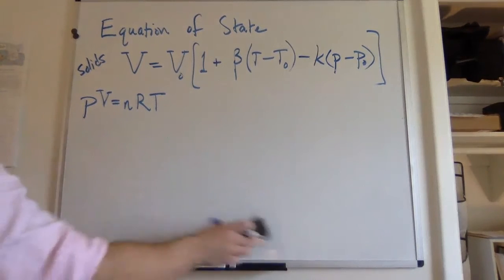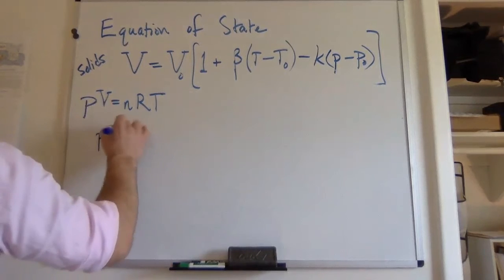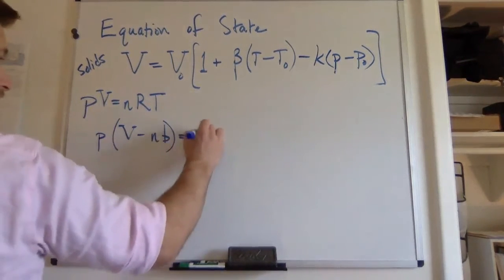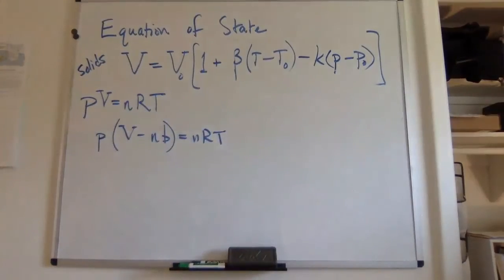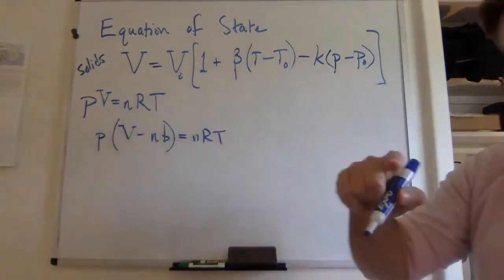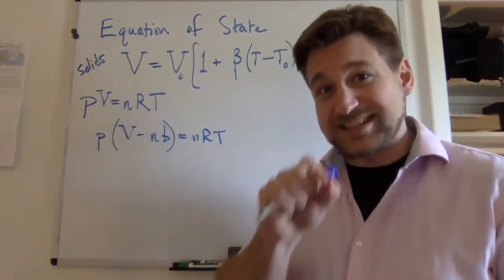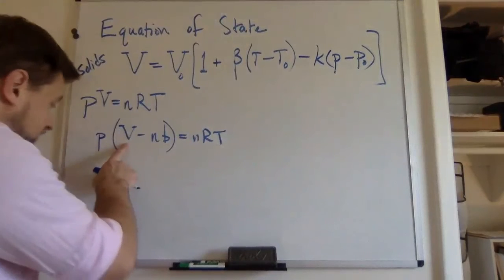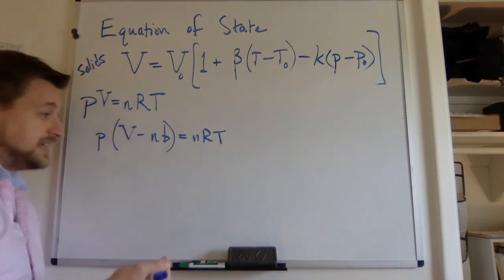Let's talk about the correction to the volume first. Instead of just V, let's make it V minus nb, where b has to do with the size of a mole's worth of molecules, the actual physical space taken up by those molecules themselves. The container has a volume V, but we've got to subtract whatever space the molecules themselves take up.